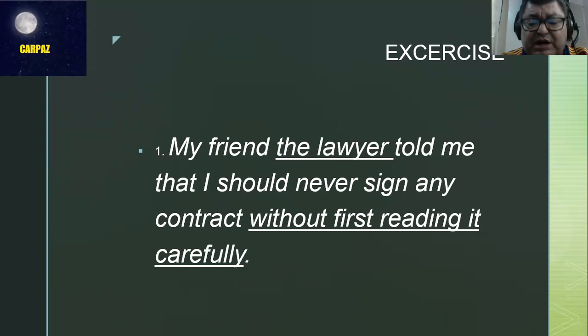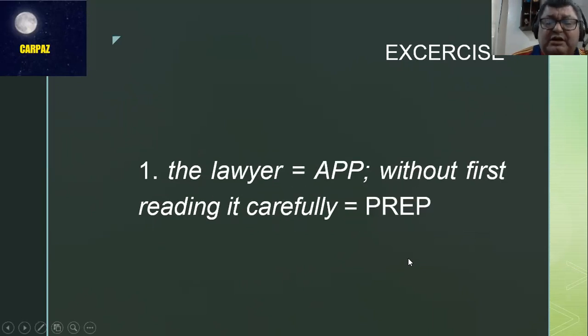And the second one, without first reading it carefully, is a prepositional phrase. Why do we know it's a prepositional phrase? It begins with the preposition without. Remember, prepositions, we have to memorize them. Otherwise, we're in serious problems.